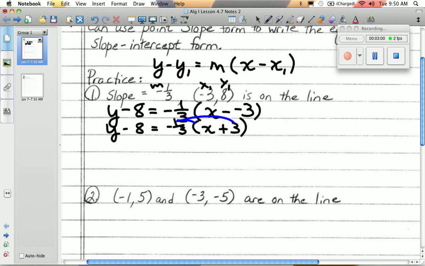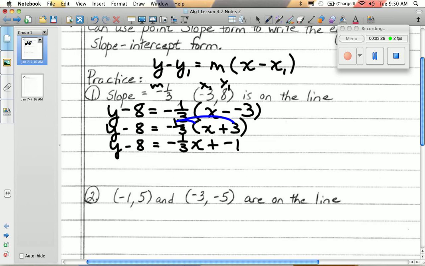So we're going to get y minus 8 equals negative 1/3 x plus, what's 1/3 of 3? 1. And what's a negative times a positive? Negative. So it's going to be plus a negative 1. So negative 1/3 times 3 is negative 1. Now we've simplified it. Now we're actually ready to get y alone.